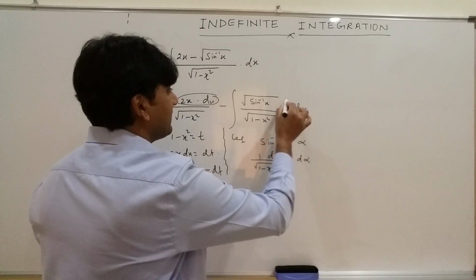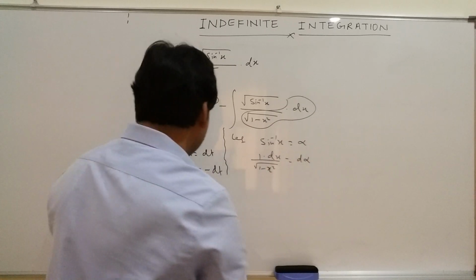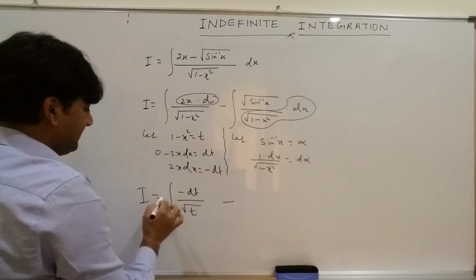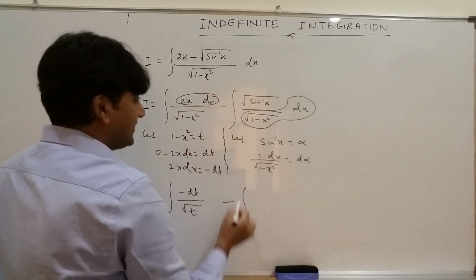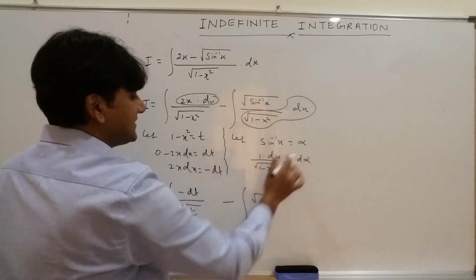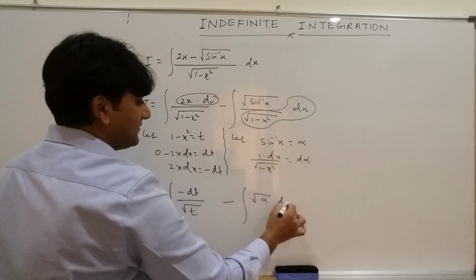So what we are getting? We are getting dx over root 1 minus x square as d alpha. This is minus, so this is I, so I equals minus dt over root t minus integration root alpha, since sin inverse x is alpha, and dx over root 1 minus x square is d alpha. Okay.